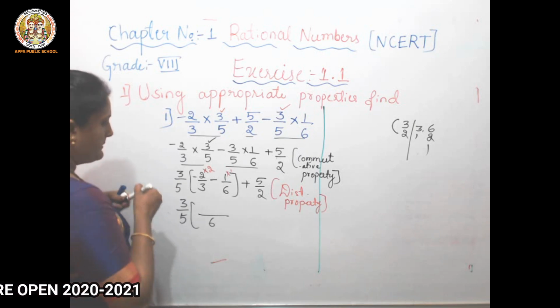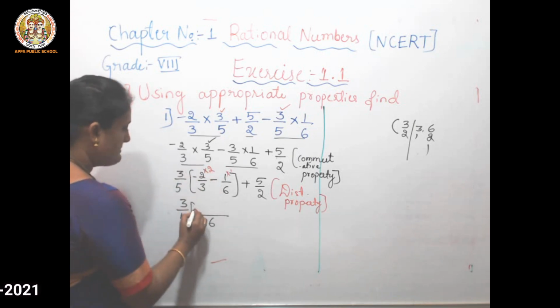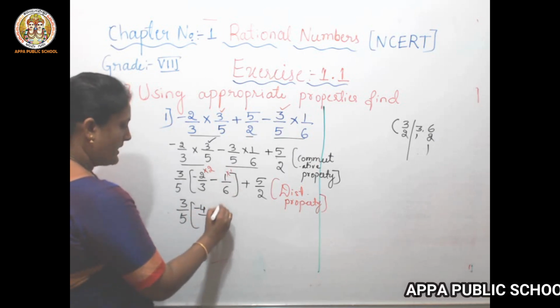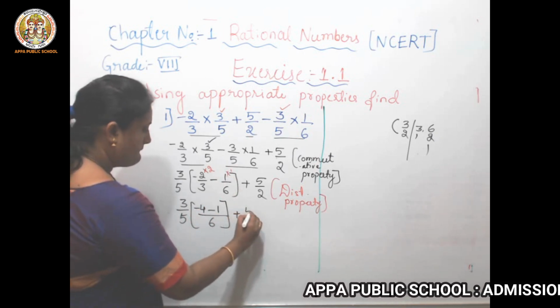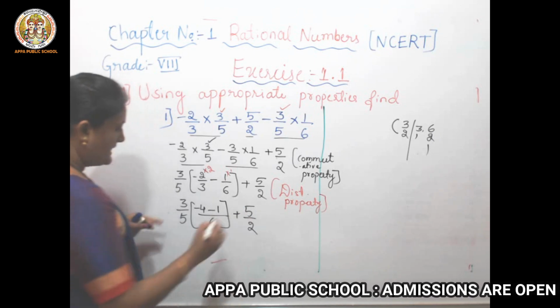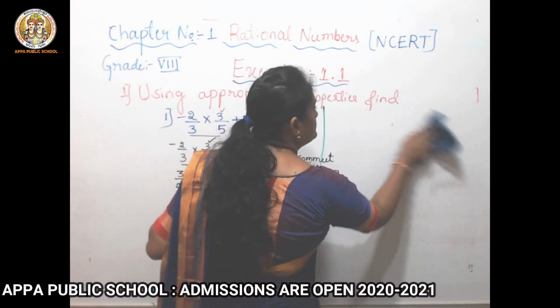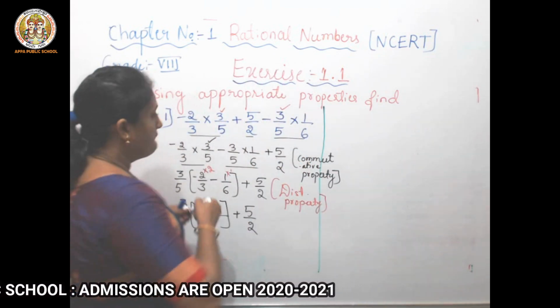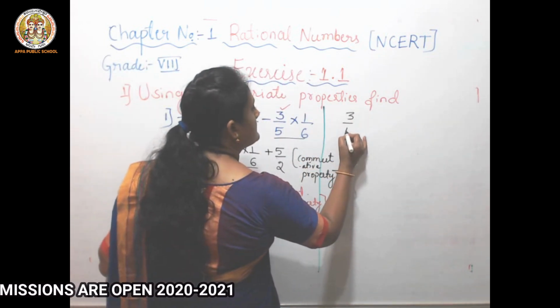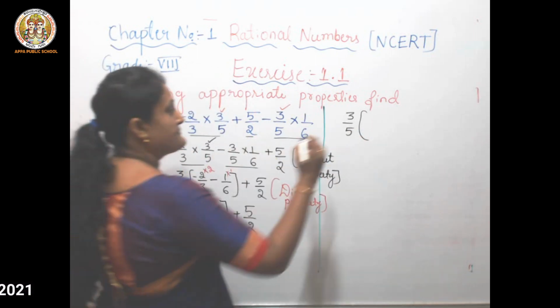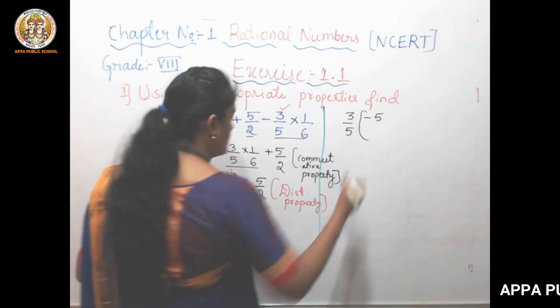So next, simplify. 2 twos are 4. This is minus 4. Okay. Minus 1 ones are 1. Plus 5 by 2. Next, further simplification. 3 by 5 as it is. Minus 4 minus 1 is minus 5. Sign will not change.